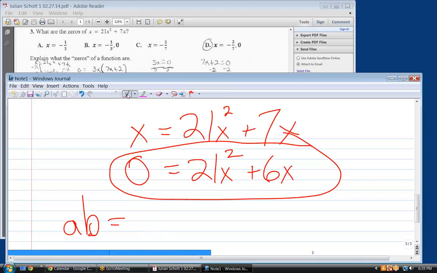If you tell me AB equals 2, I can't solve it. I have no way to solve for A or B. But when it's equal to 0, that's a very special case, because only 0 will multiply to equal 0. There's no two numbers you can get where one of these isn't 0.